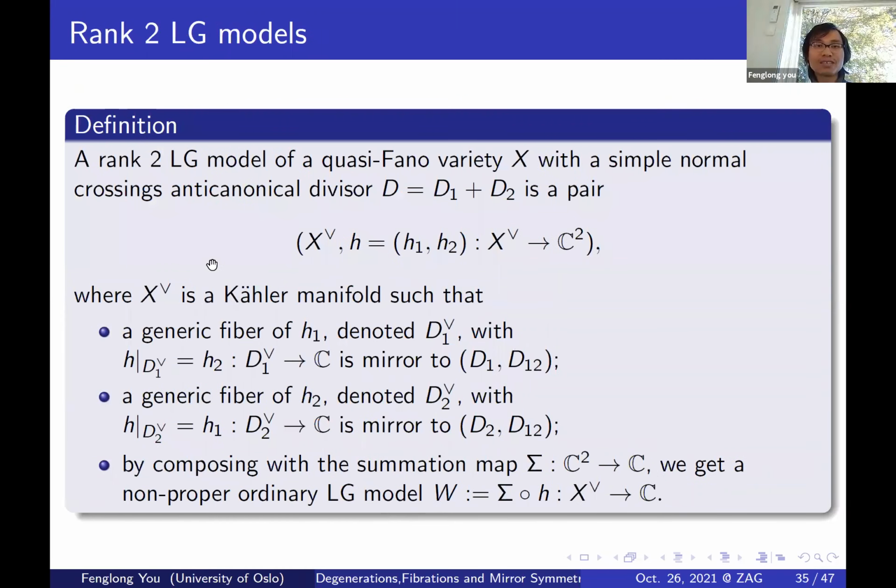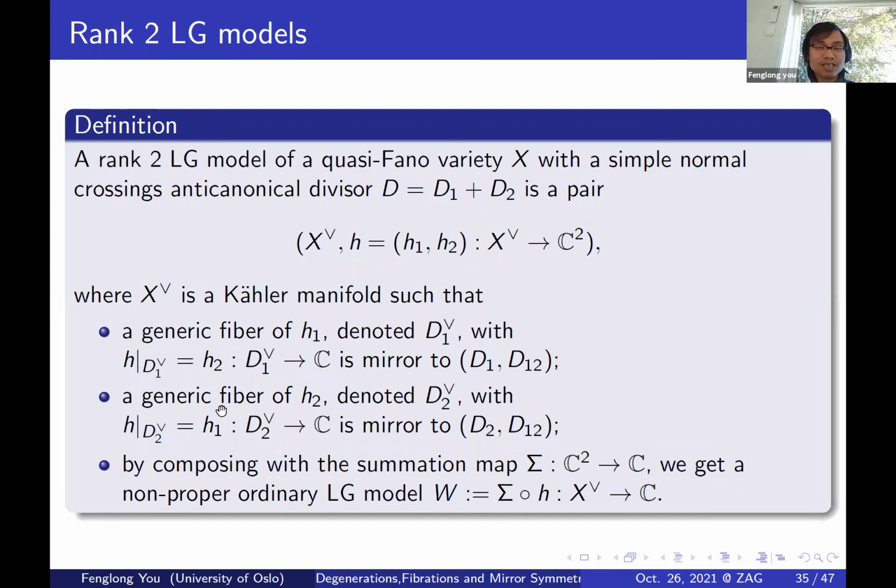For example, a rank 2 Landau-Ginzburg model: for a simple normal crossing divisor D equals D1 plus D2, then we have H1, H2 that map to C2. The generic fiber of H1 is mirror to D1, and yeah, it's mirror to D1 with its smooth anti-canonical divisor.